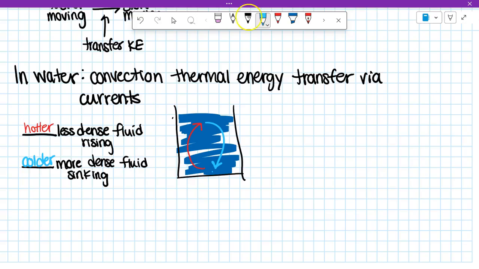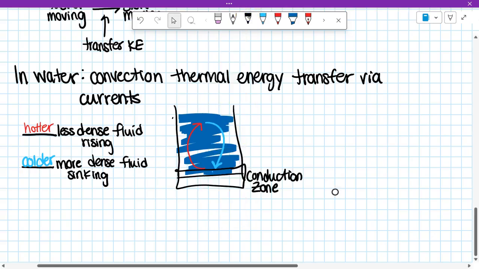So at the bottom here, we'll call it a conduction zone. And the various bits of water get heated because of convection, because of this current, right? This is also why the second floor of your house is probably going to be hotter than the first floor of your house. And we especially notice that in the summer, especially if we don't have AC.